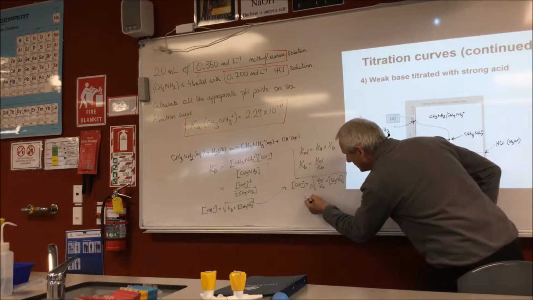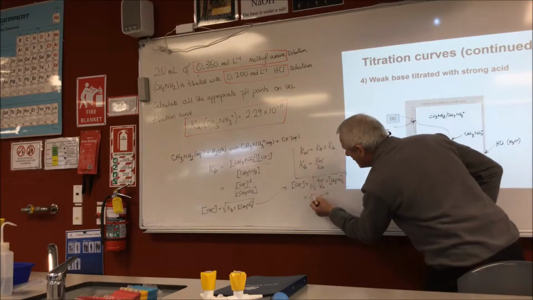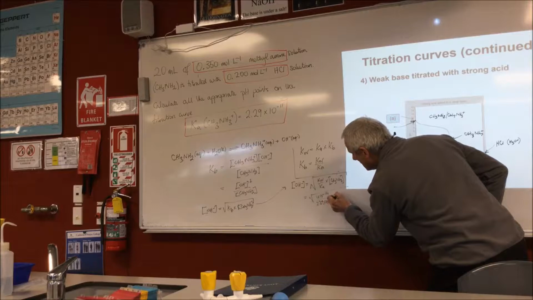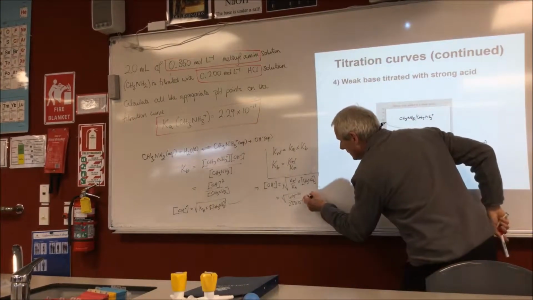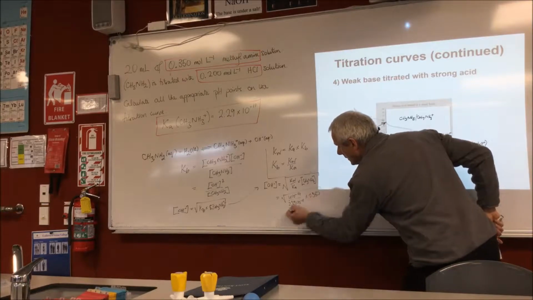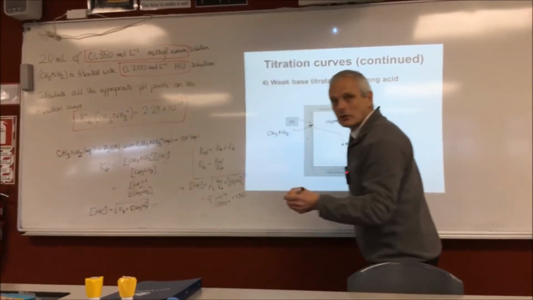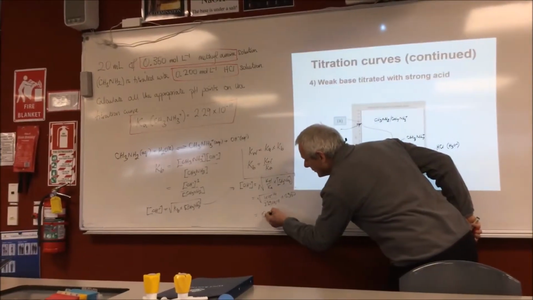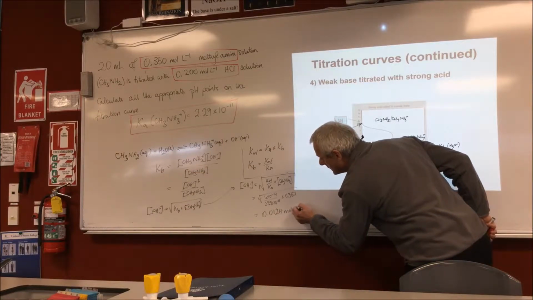Which is, sorry, I'll put all the values in first, of course. 1 times 10 to the minus 14 divided by Ka, which is 2.29 times 10 to the minus 11, times the concentration of methylamine, 0.35. That gives 0.0124 mole per litre.